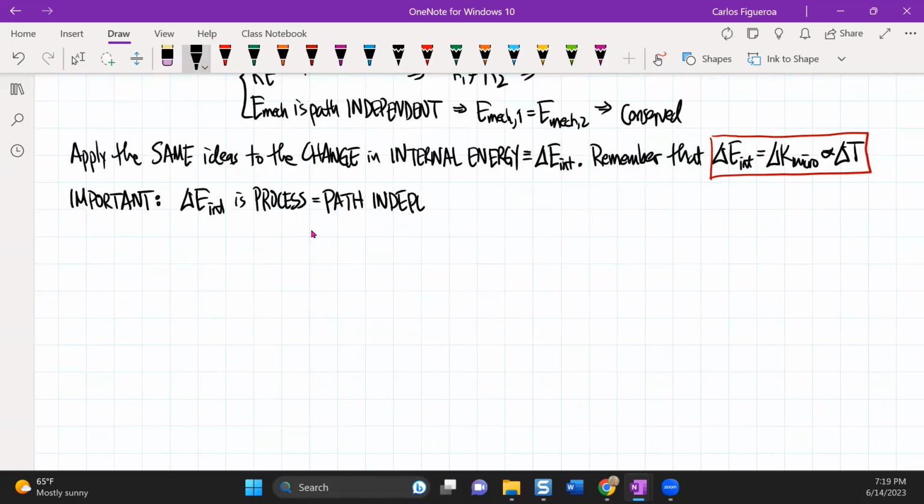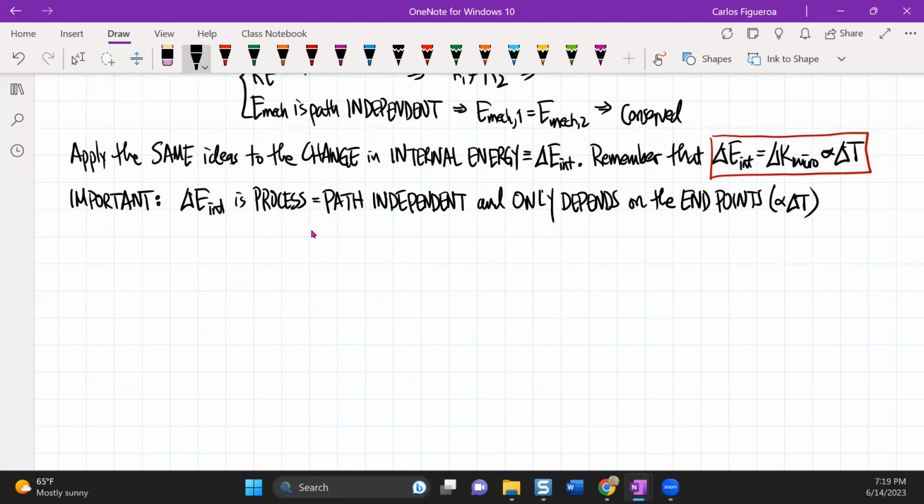So the internal energy is path independent, and only depends on the endpoints. And in this case, it has to be proportional to the change in temperature.